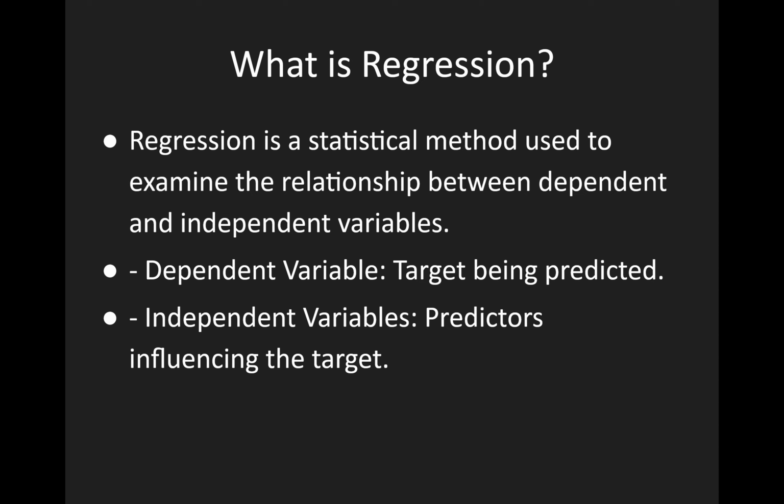These variables are used to predict or explain the target variable. So regression methods are the foundation for both descriptive and predictive analytics. By analyzing the influence of independent variables on the dependent variable, regression aids in decision making and strategy formulation.